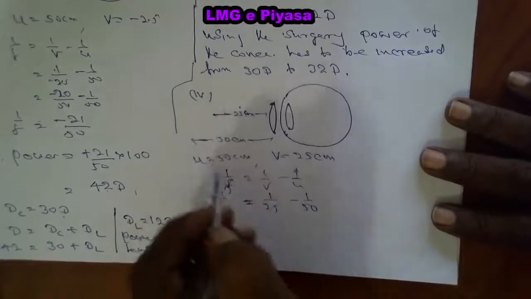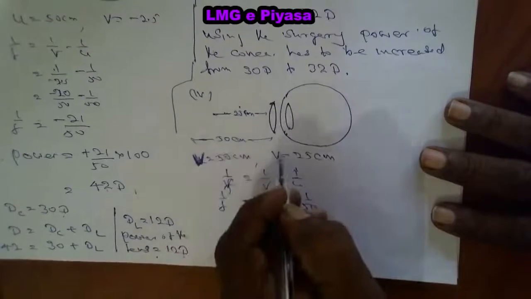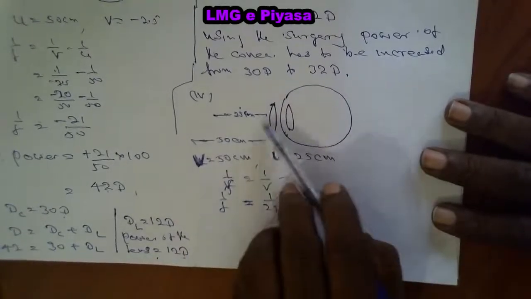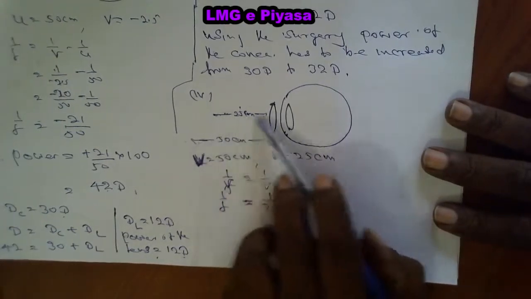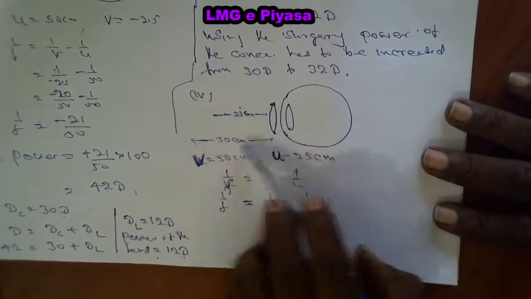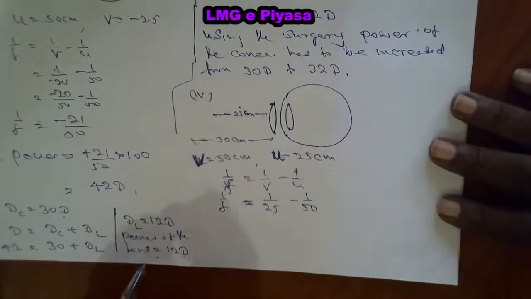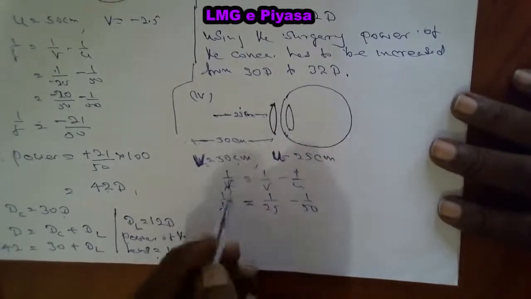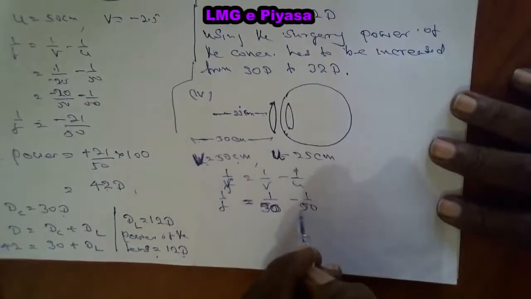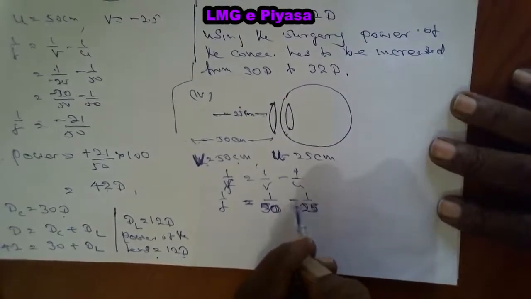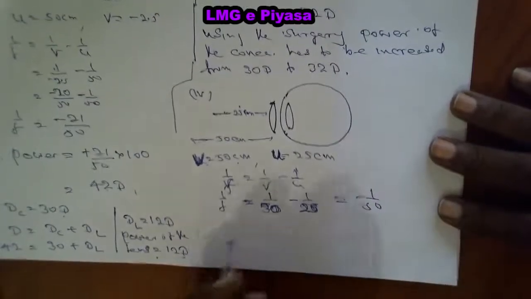Sorry, V should be 50 and U equals 25. The object at the 25 cm distance has to be brought to 50 cm. That is what we need to do with this external lens. So V equals 50 cm, U equals 25 cm. 1 over 50 minus 1 over 25, so this equals minus 1 over 50.